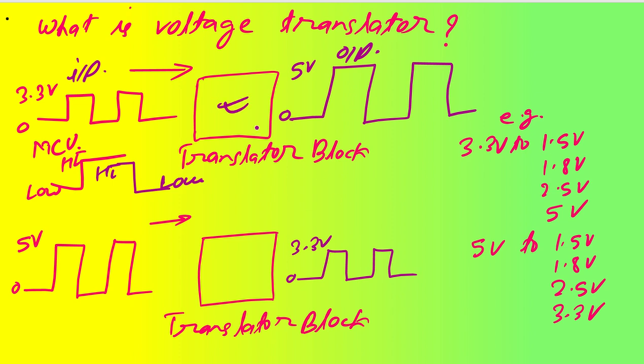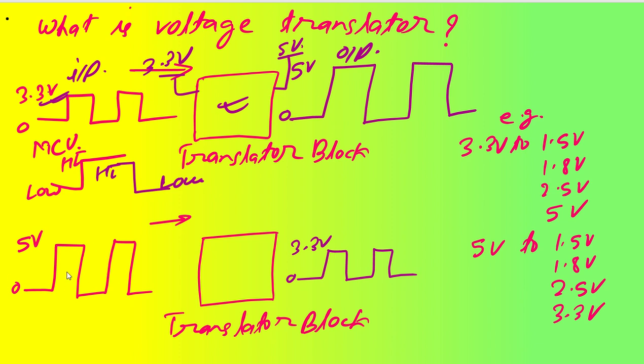Let us say we give a power supply of 3.3 volt here, and we take a power supply of 5 volt here. If you supply 5 volt here, the logic level will be shifted to 5 volt. That's the amazing work done by the translator block, the voltage translator or level shifter. The other way can also be done.